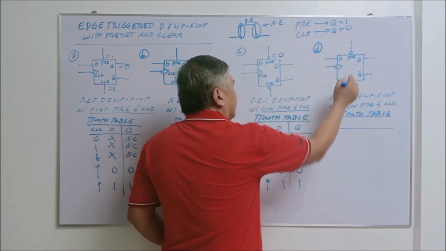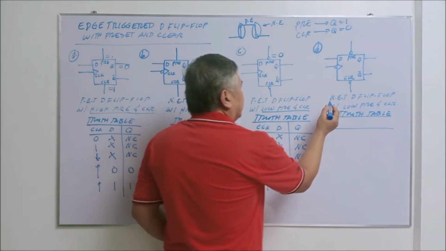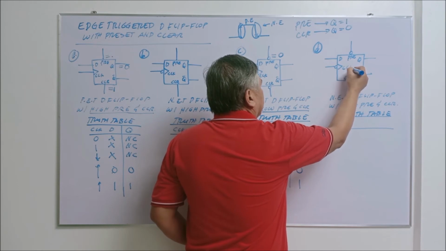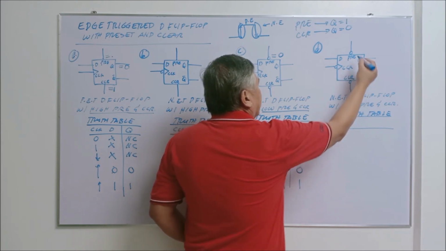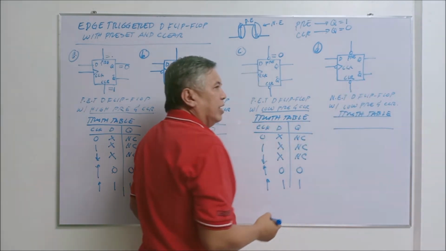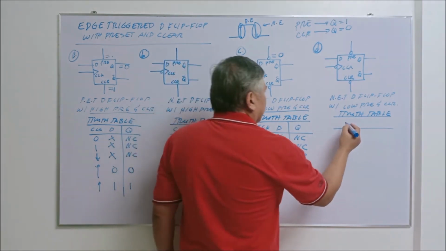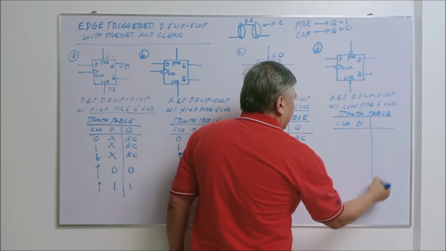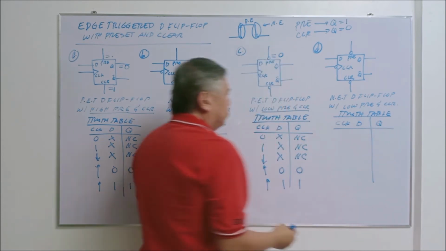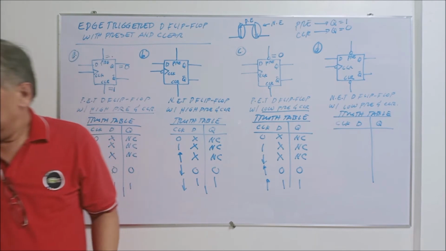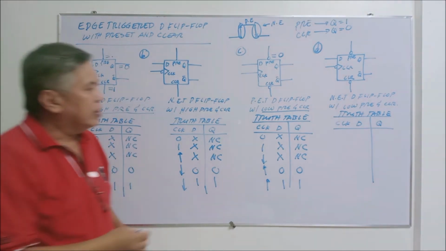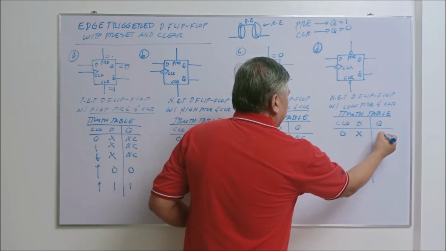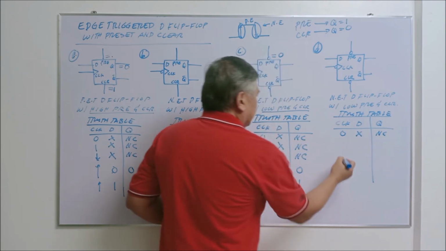Okay, again, what's this symbol? It is a symbol of a negative edge triggered D flip-flop, with low, preset, and clear. So again, you have the clock, you have your input D, and you have your output Q. If clock is 0 again, regardless of the value of your D, the output is no change.